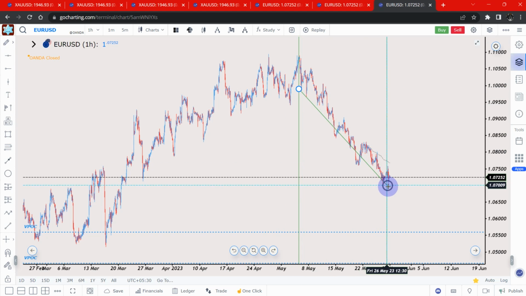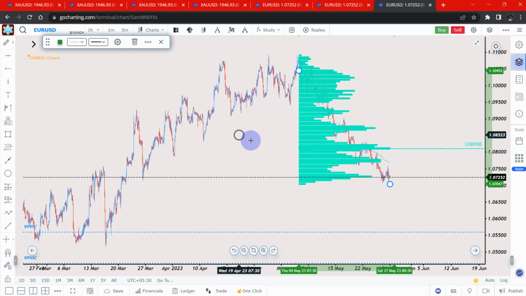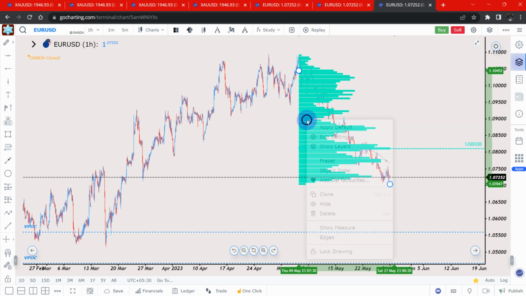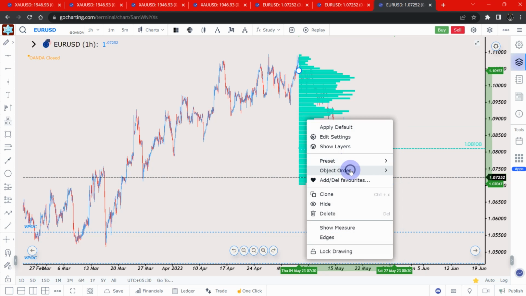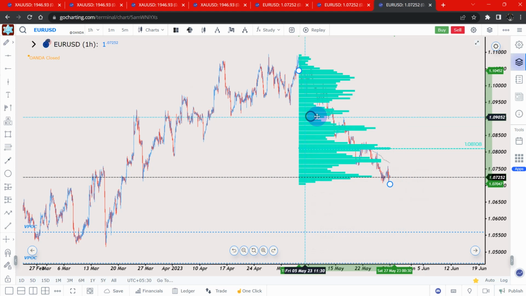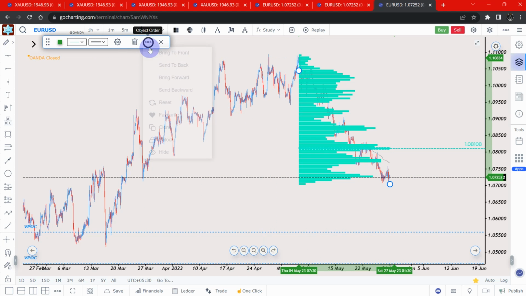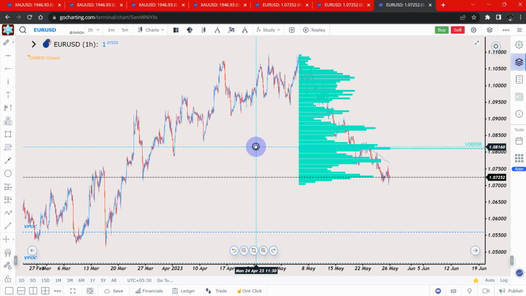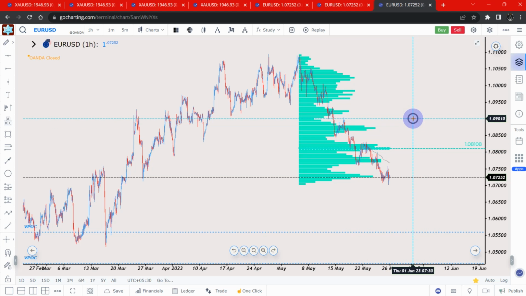In case the market starts auctioning above, let me just show it to you. So if the market starts auctioning above this POC, that is 1.08, you can expect some pullback up to this level.